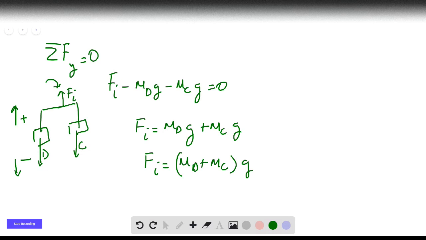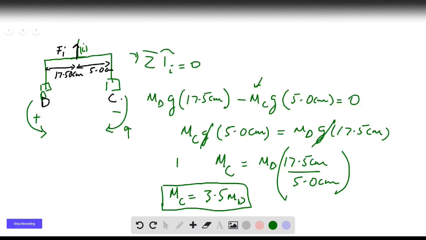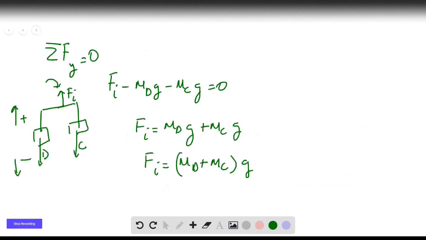And recall from the previous page we already defined MC as 3.5 MD. So we can change MC to become 3.5 MD.